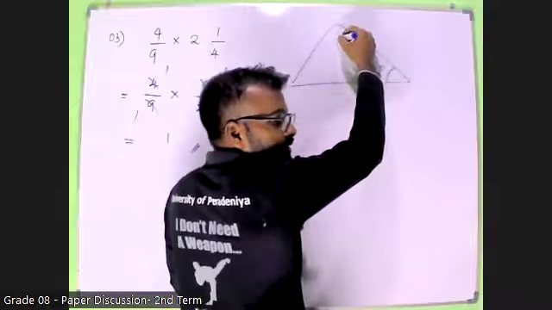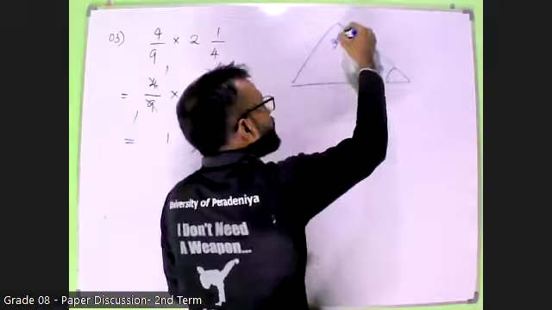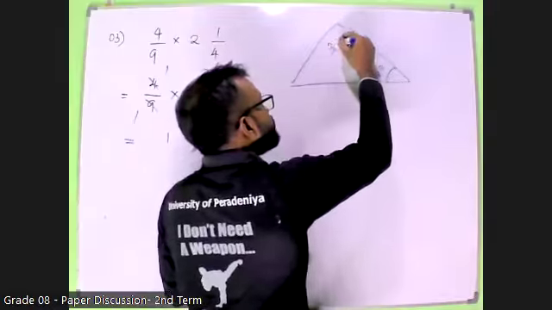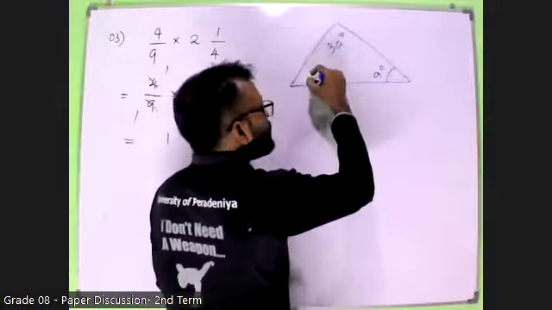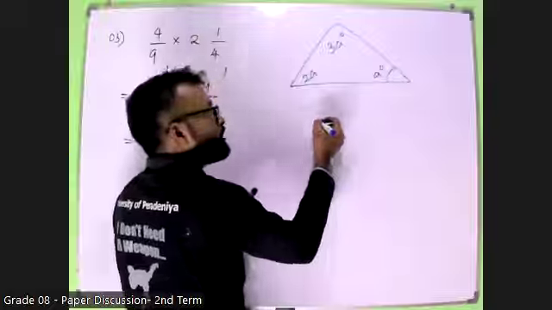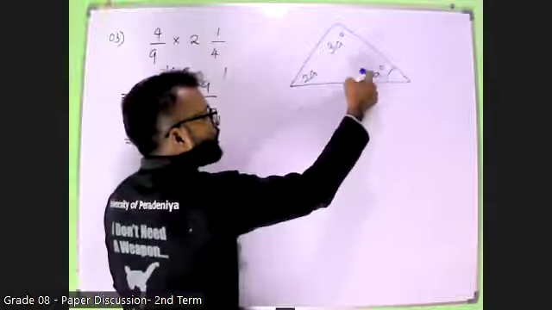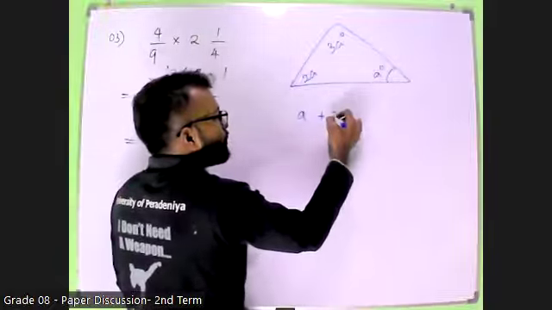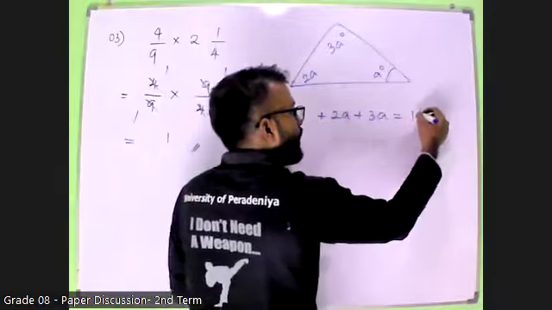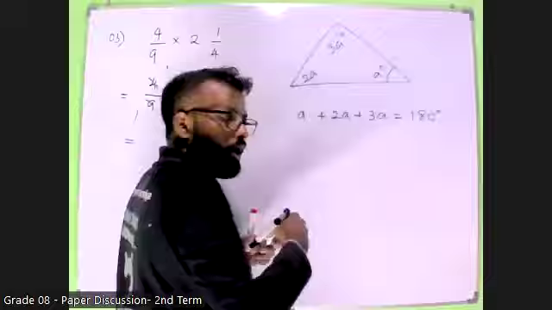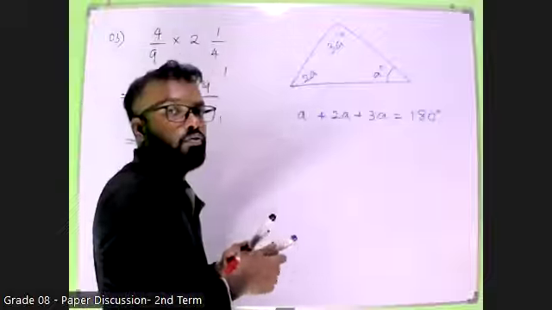If you add the interior angles of a triangle, the summation should be equal to 180 degrees. So I will begin from here: a plus 2a plus 3a equals 180 degrees. You need to find the value of a.